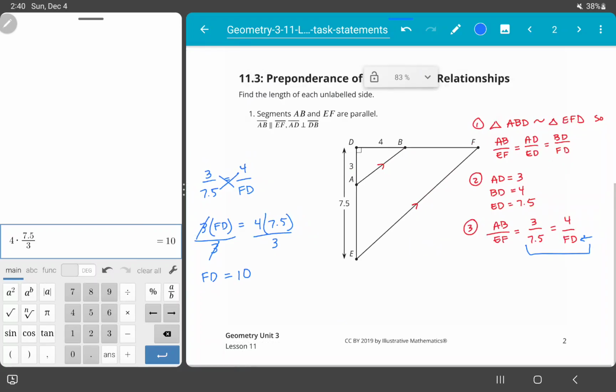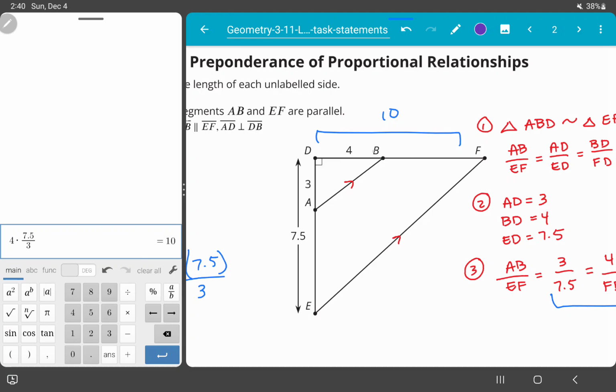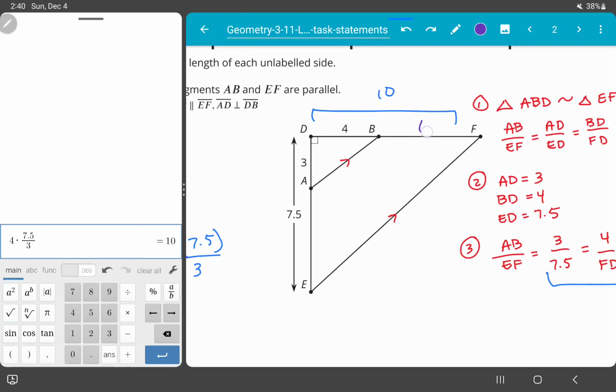Okay, so now we found FD should have a length of 10. And now we can actually use this information to find the length of FB, because if this is 10 and this is 4, that means this side must have a length of 6.